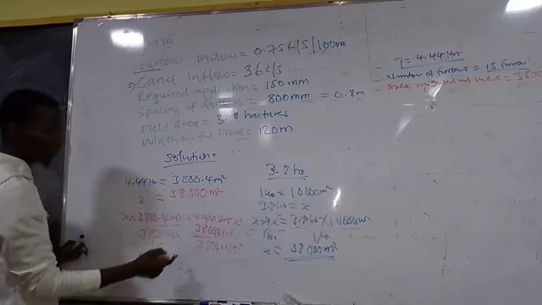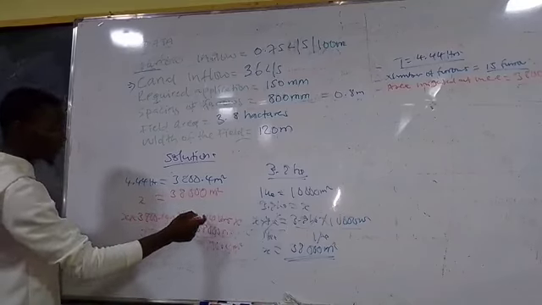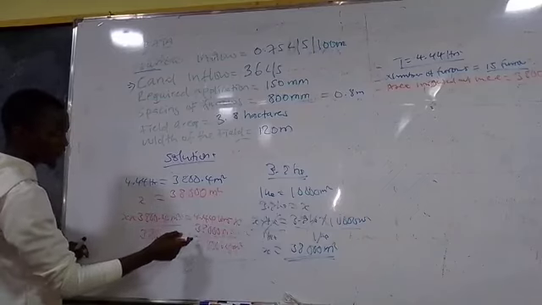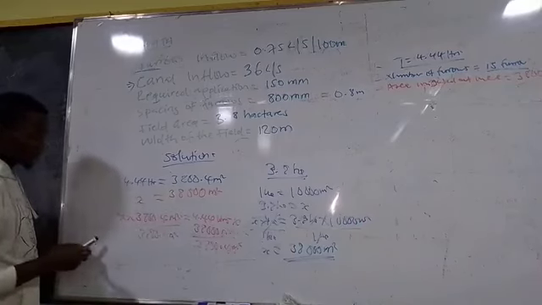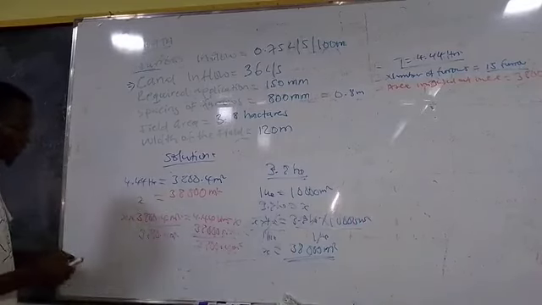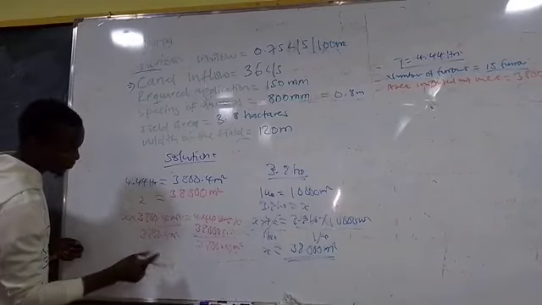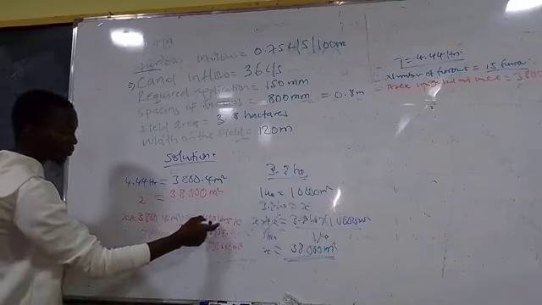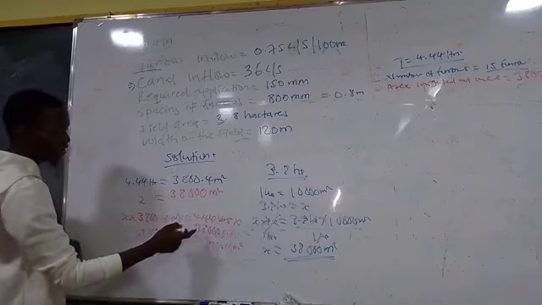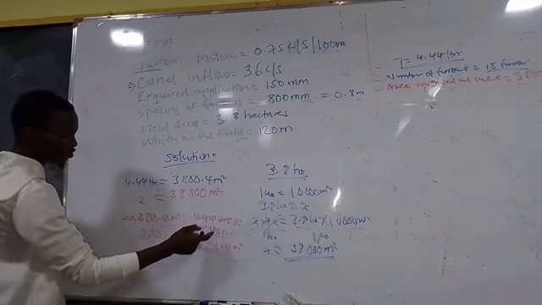Remember the hours. So 4.44 times this divided by this. Everything here goes. Remember the x. What else did we get? 4.44 times 38,000.